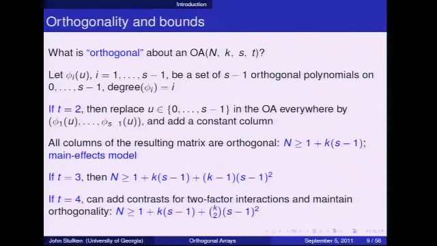Then start with an orthogonal array, and within that orthogonal array, every symbol u, you replace by this row vector, the values of u at these orthogonal polynomials.